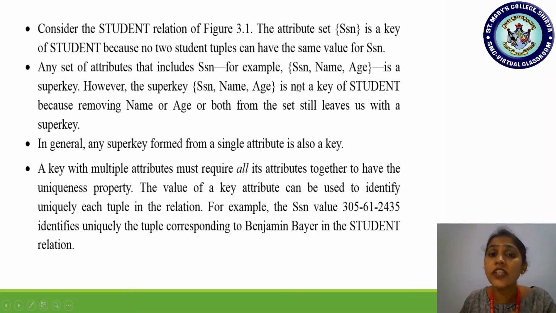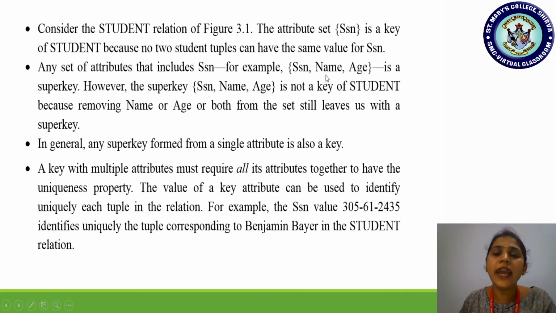In figure 3.1, that student relation had 7 attributes. Among those 7 attributes, this set includes how many attributes? 3. SSN, name, comma age. So it is a super key.